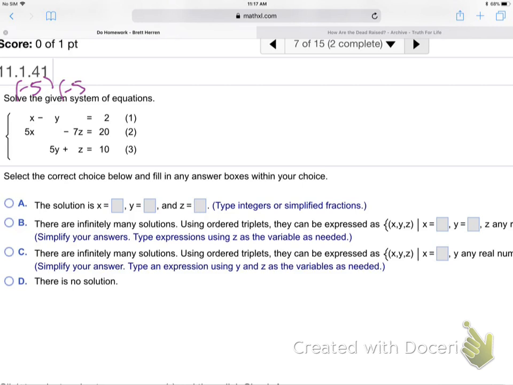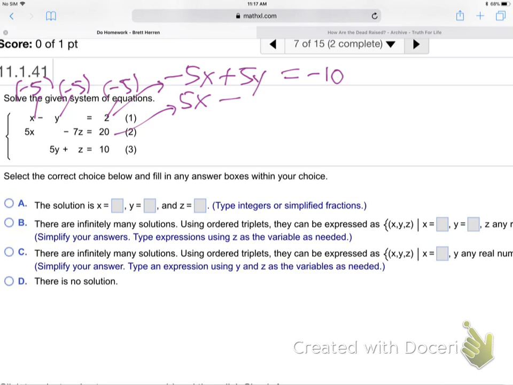Negative 5, negative 5, negative 5. So this, and this times negative 5. What do you get? Negative 5x plus, careful on your signs, plus 5y, negative 10. The middle equation is 5x minus 7z. Put that over here.